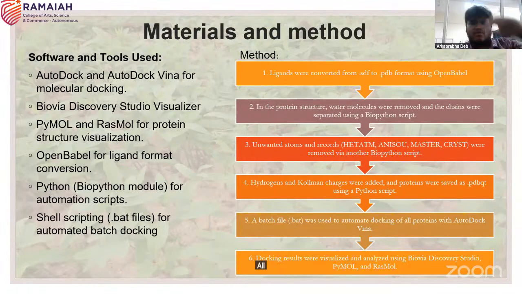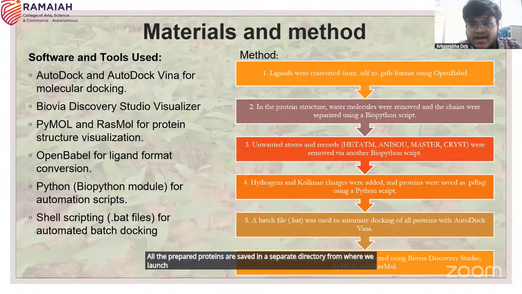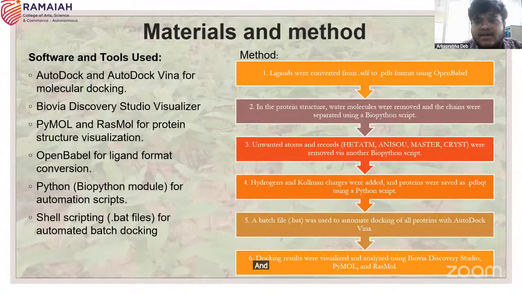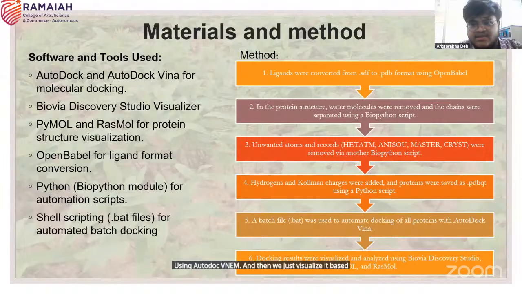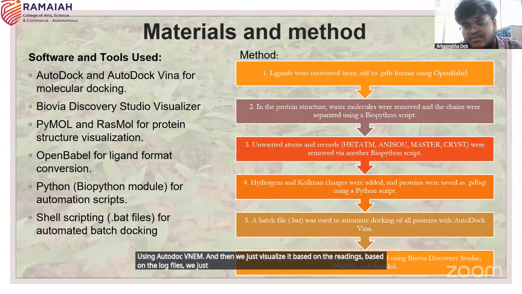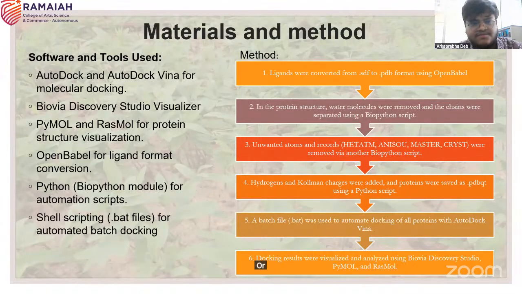The prepared proteins are saved in a separate directory, from where we launch a Windows batch file that automatically docks all the proteins one by one with the ligand using AutoDock Vina. Then we visualize it based on the log files, using RasMol or PyMOL.